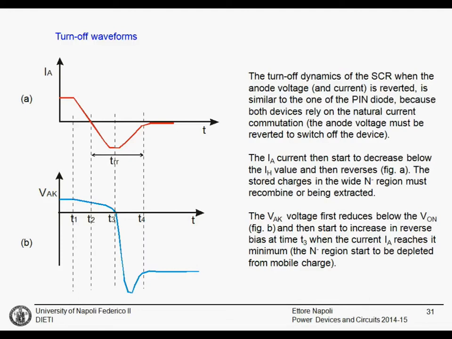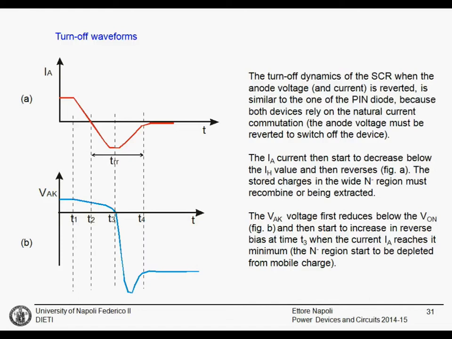You can actually see these cathode shorts also like a reduction of the gain of the NPN transistor. The equivalent emitter is less effective. There is less injection of electrons.